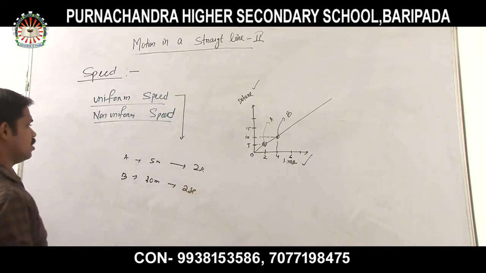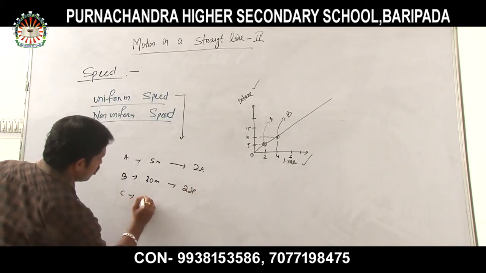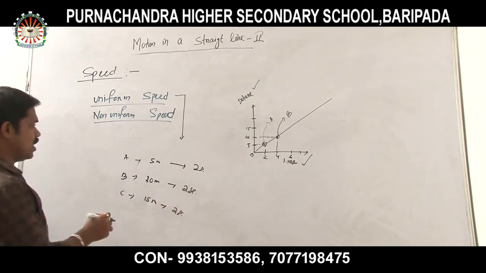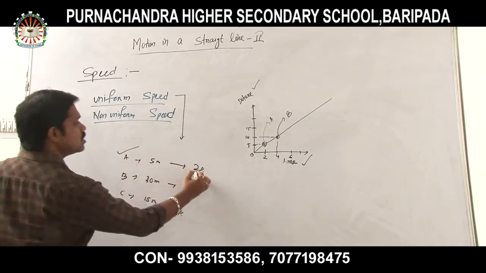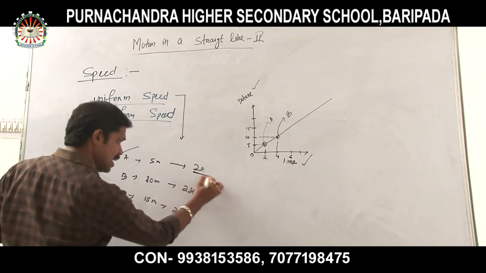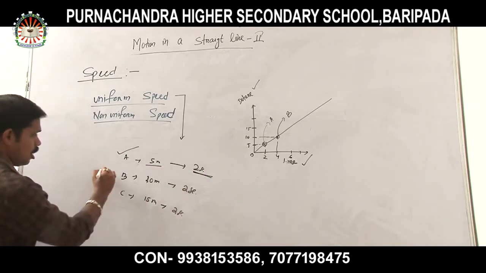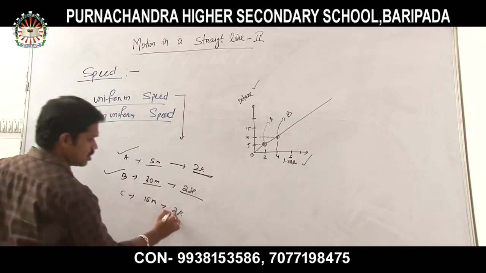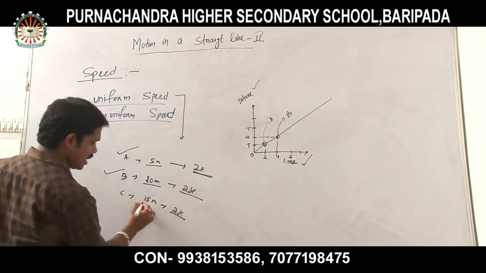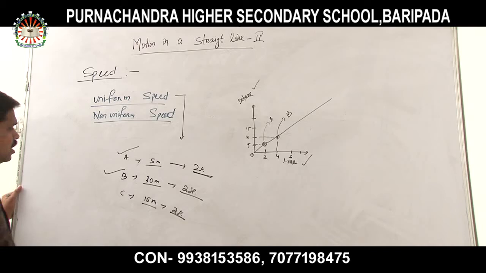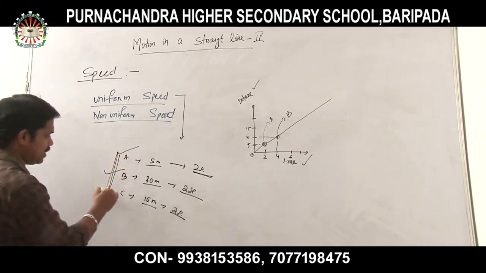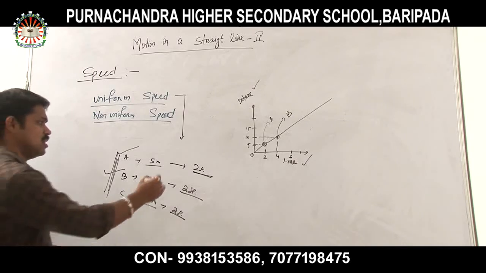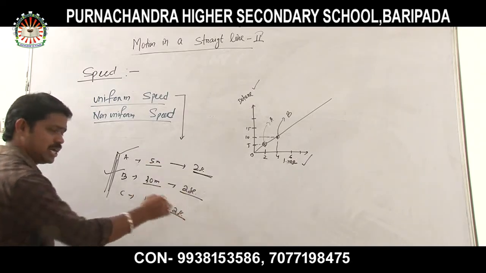Then object C covers, suppose, 15 meters in 2 seconds. Look at this: in the same 2 seconds, object A covers 5 meters, object B covers 10 meters, and object C covers 15 meters. So if we compare A, B and C, they cover unequal distance in equal intervals of time.